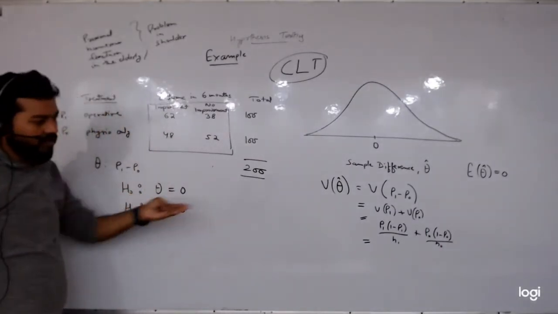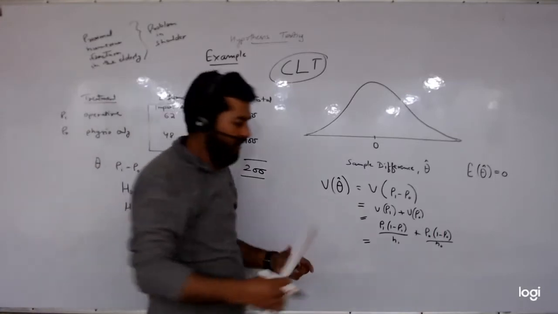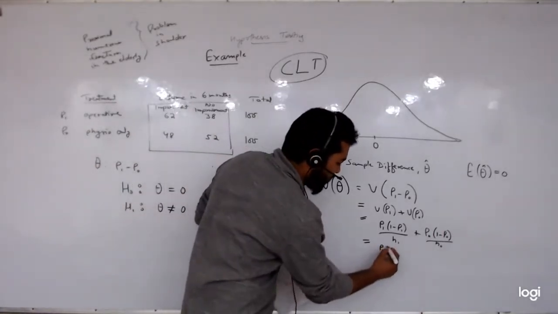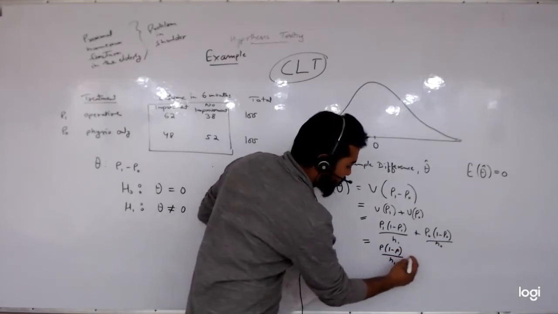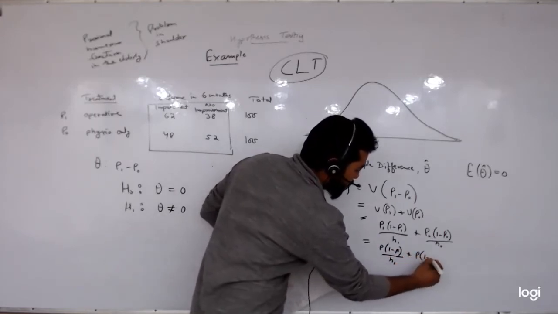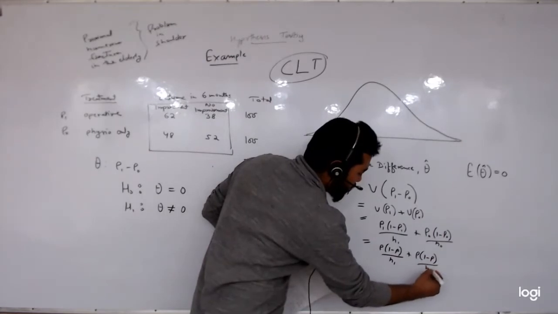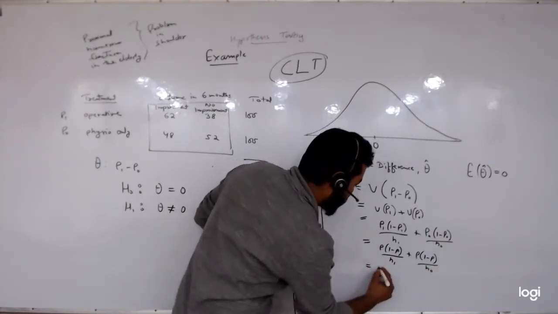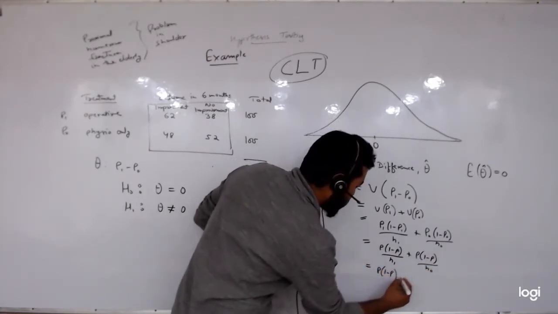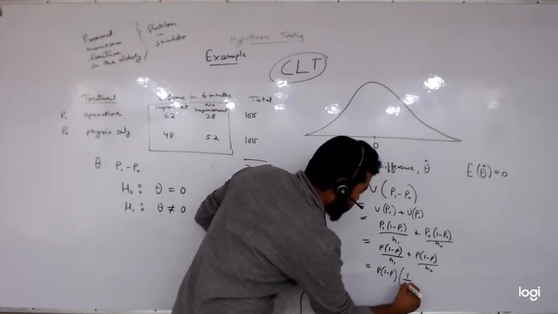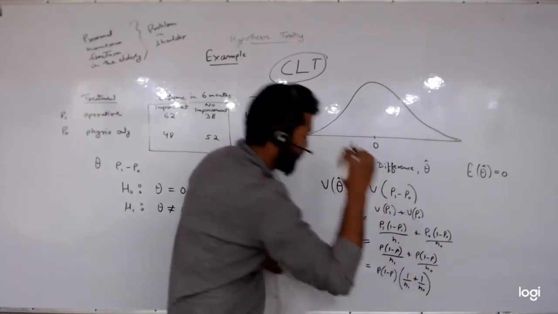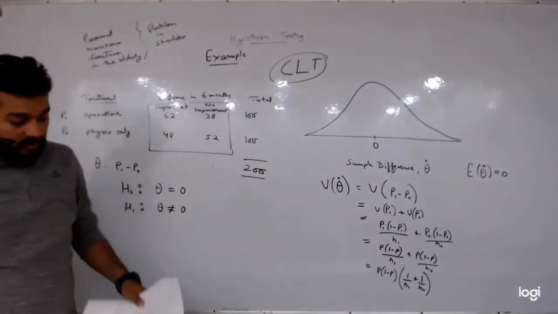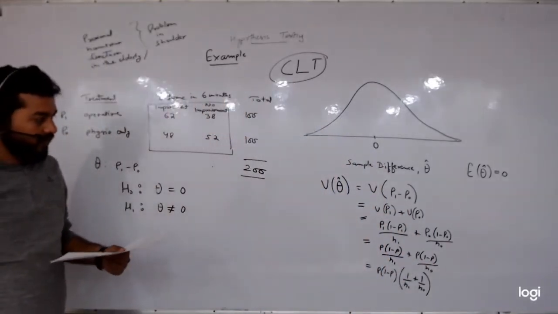If this is true, then the two are equal, so we can simply do away with the subscripts in proportion. This would become P into (1 minus P) into (1 by N1 plus 1 by N0). This would be the variance.